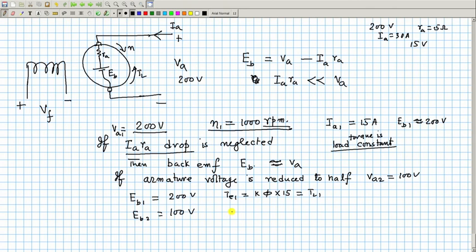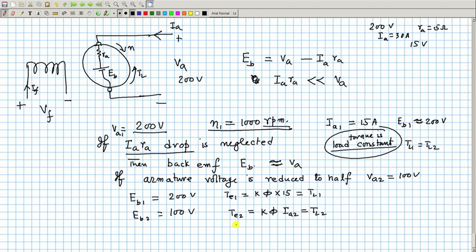In the second case, the electromagnetic torque developed by the machine will be K phi into Ia2. I have not changed the field current, whatever is there. Only thing, the armature voltage I have reduced from 200 volt to 100 volt. Then the electromagnetic torque now developed, armature current I do not know, is equal to TL2, but I am telling the load torque is constant, is it not? TL1 is equal to TL2.